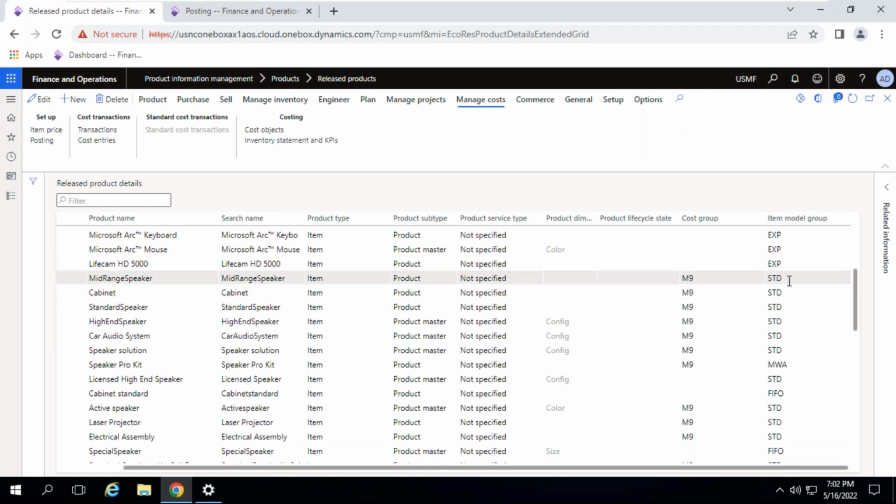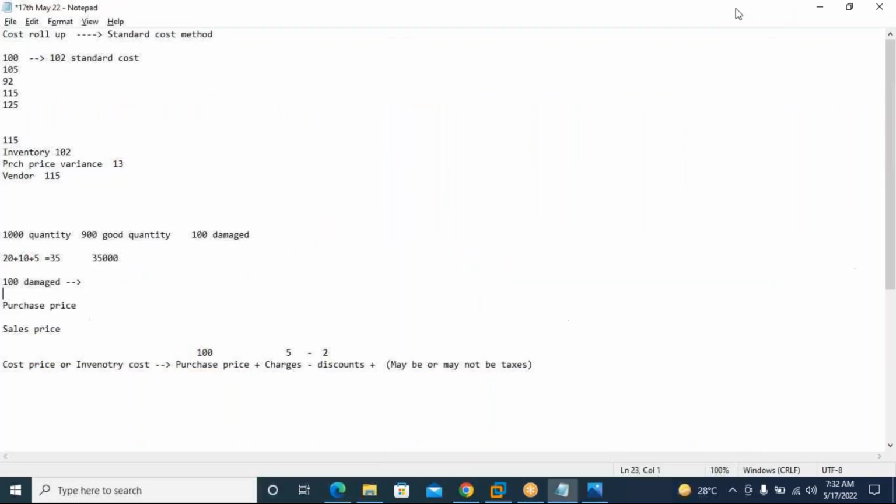Whenever you are using the standard cost method, items with the standard cost model, then you will get errors, this kind of error message, whatever we got in the WhatsApp group. One of our colleagues posted the error message. To overcome that error message, you need to do a cost roll up. How to do the cost roll up?